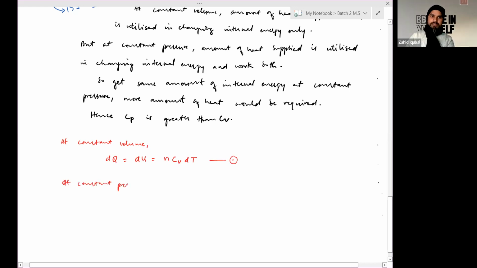At constant pressure, dq equals du plus dw. dq is heat supplied to the system at this process, so it will be n Cp times dt. du we have calculated above as n times Cv dt. Work done is PdV.